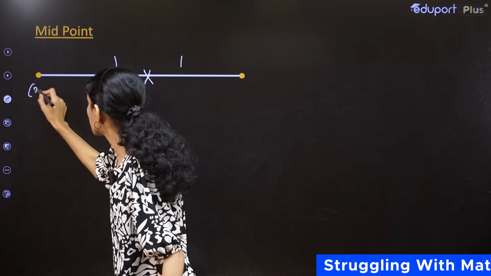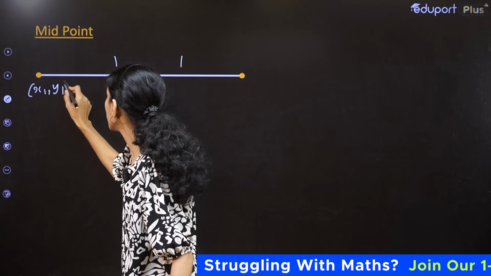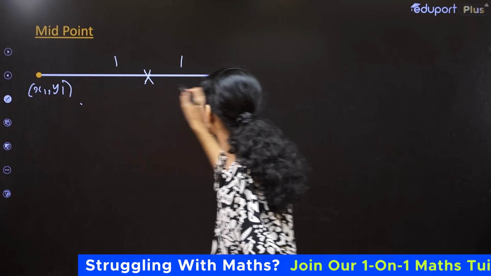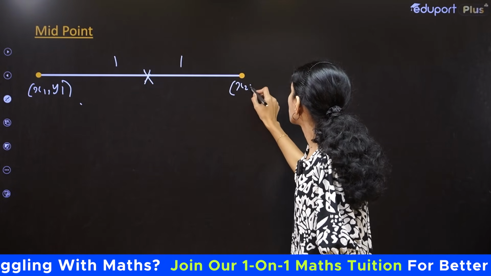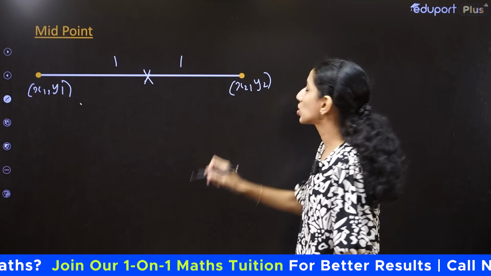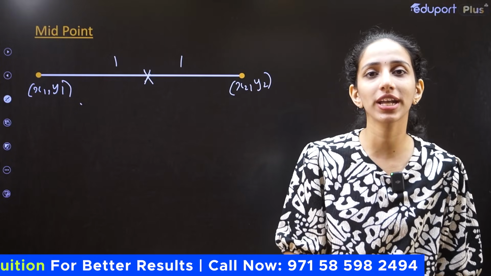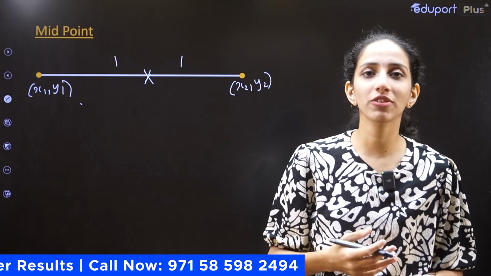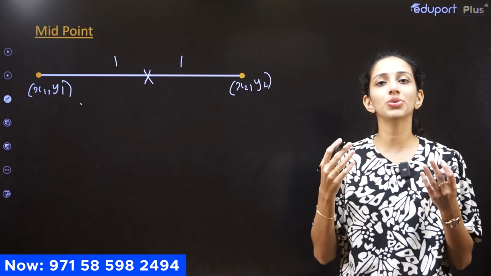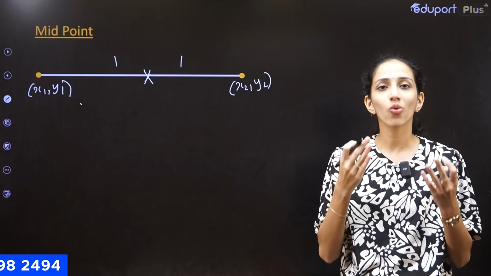I consider these points as x1, y1 and x2, y2. While applying the section formula to find the midpoint, m1 is equal to m2 is equal to 1.